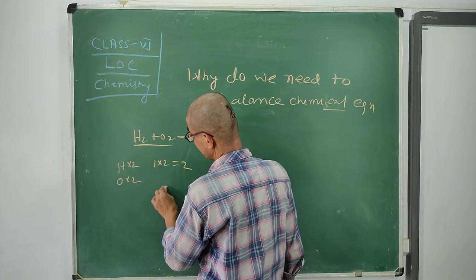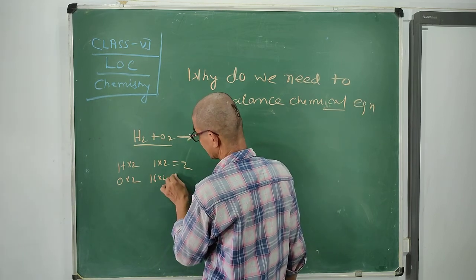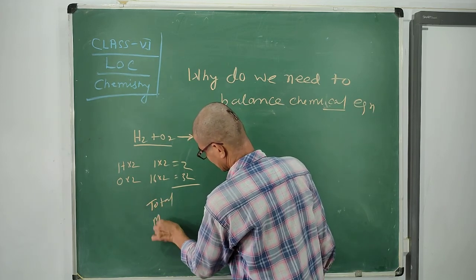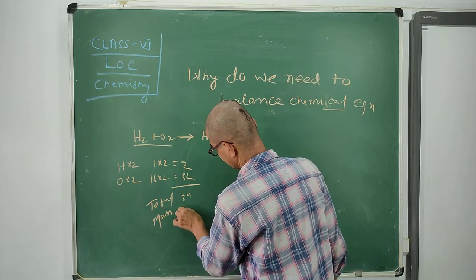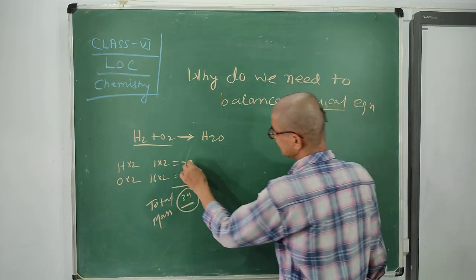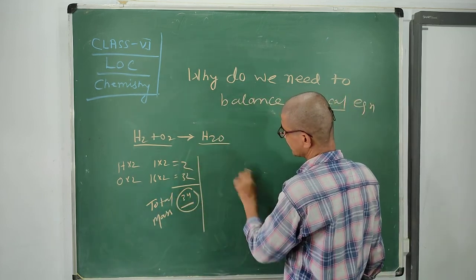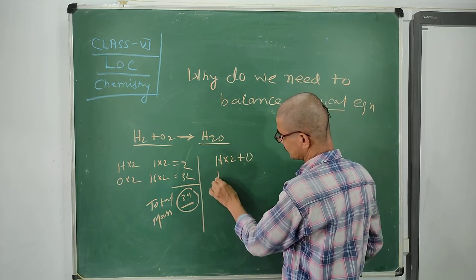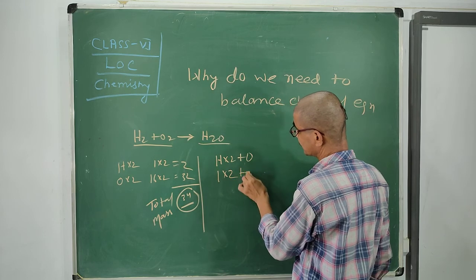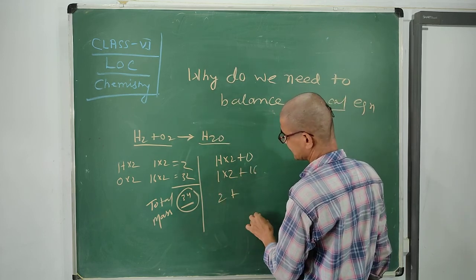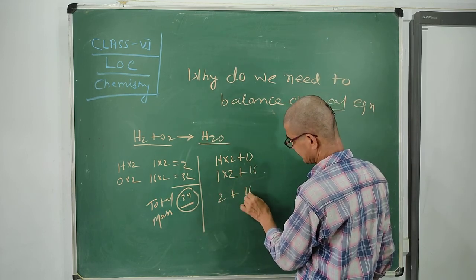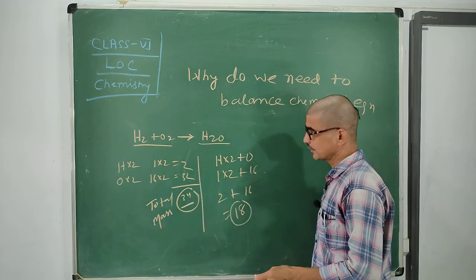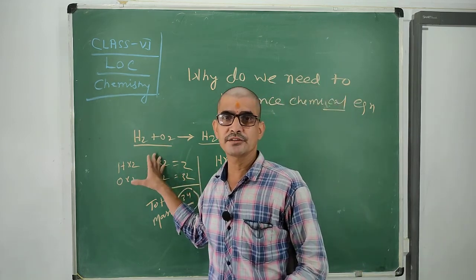Oxygen is 16, so 16 times 2 equals 32. Total mass 34. This is the reactant side. Mass of product: H times 2 plus O. Mass of hydrogen is 1, so 1 times 2, and mass of oxygen is 16. So 2 plus 16 equals 18. So the mass of the reactant is not equal to the mass of the product. That's why it is called an unbalanced chemical equation.